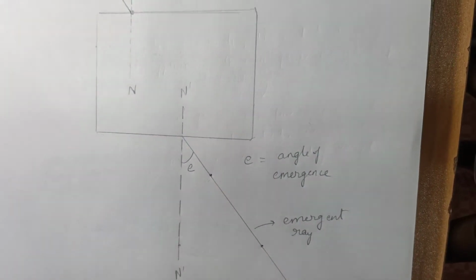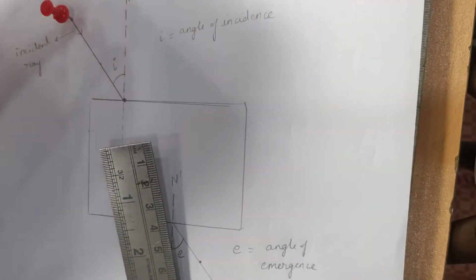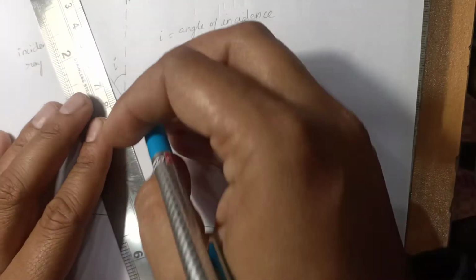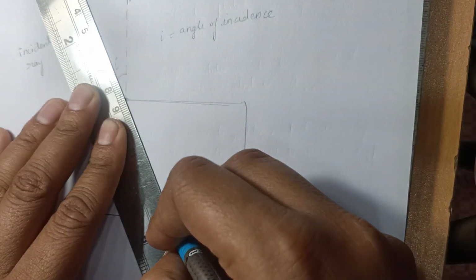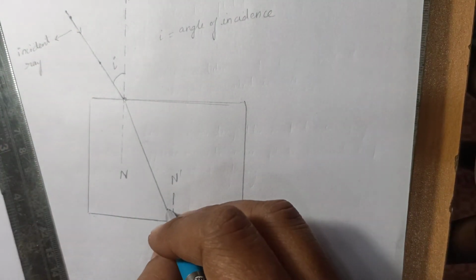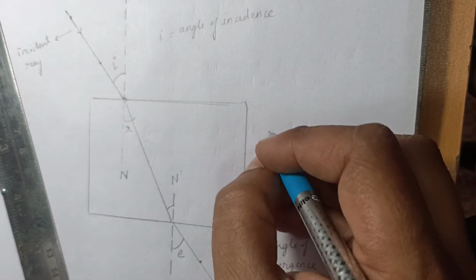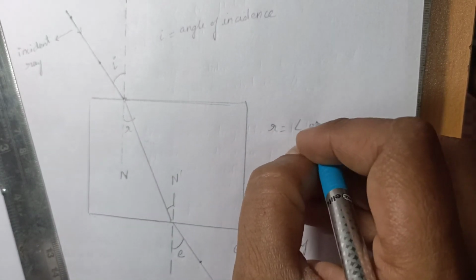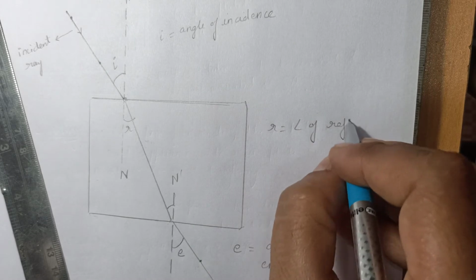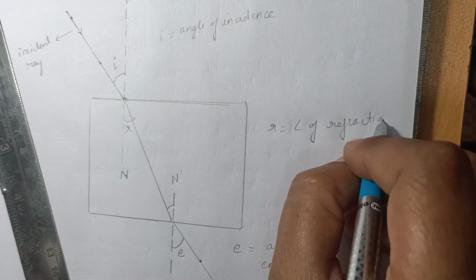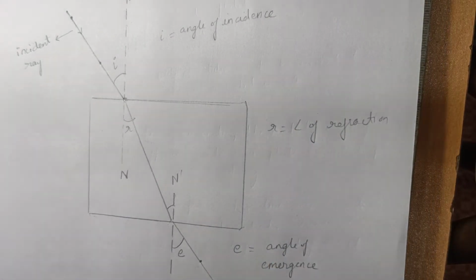After that, I will join these two lines. Now we can remove the pins, and we can easily measure this angle. This angle is angle R, and angle R is the angle of refraction. So clearly we have observed that angle I is equal to 40 degree.